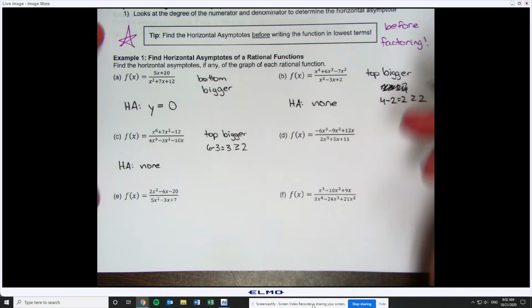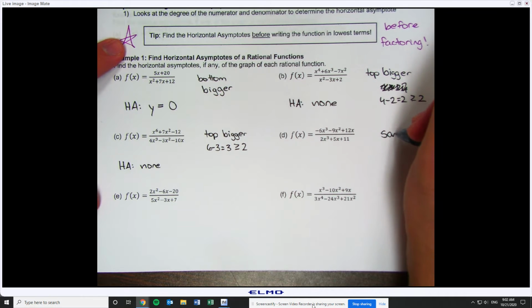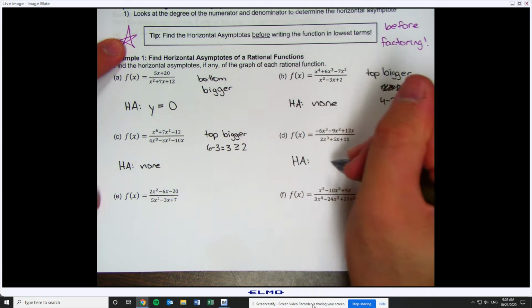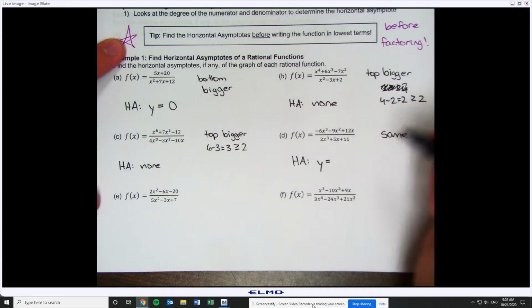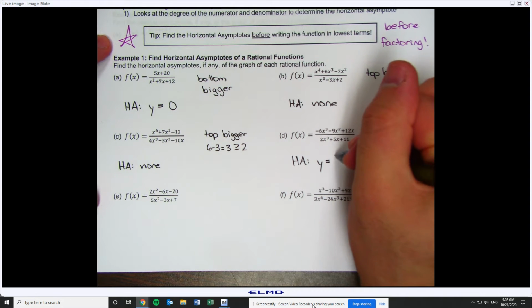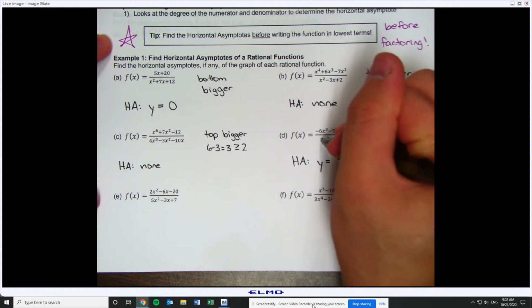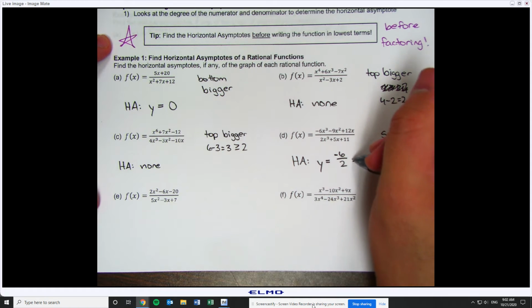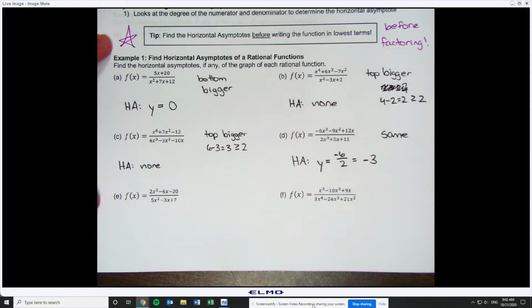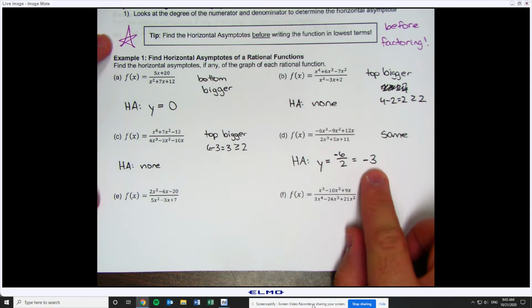All right, now looking at D, I see that my degree on top is 3, my degree on bottom is 3. That means that they are the same. Well, if they are ever the same, all you have to do is look at the leading coefficients. My leading coefficient on top is -6. My leading coefficient on bottom is 2. -6 over 2 is equal to -3. That is my horizontal asymptote.